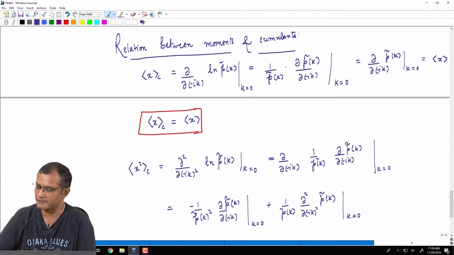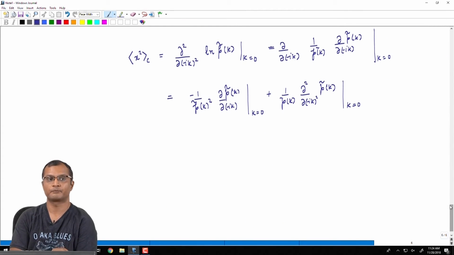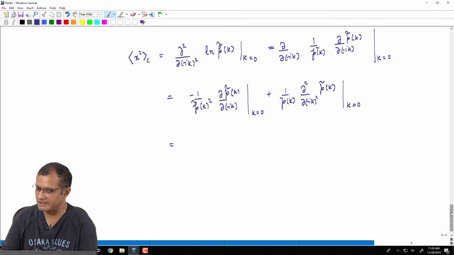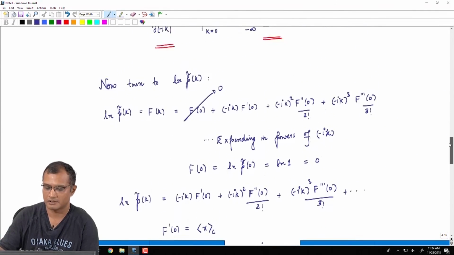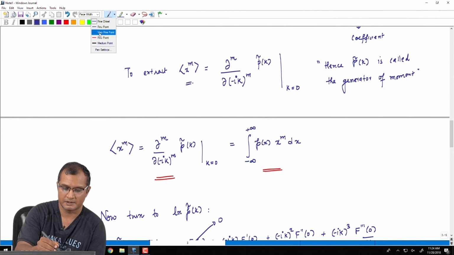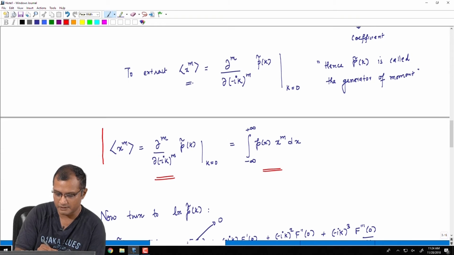Again, this has to be evaluated at k equals 0. Now, if you look at the formula for moments, which is given here, let me circle this formula.